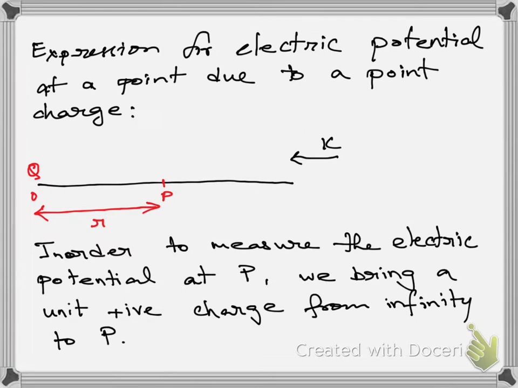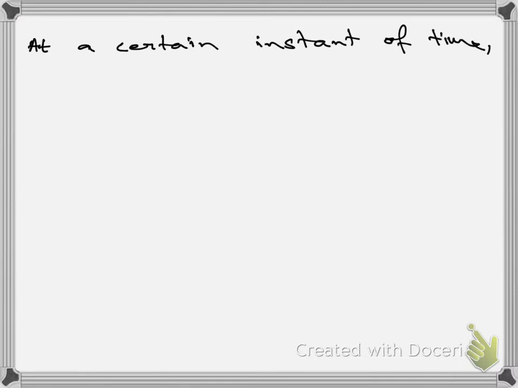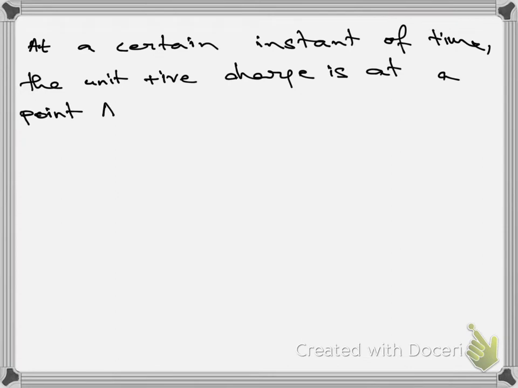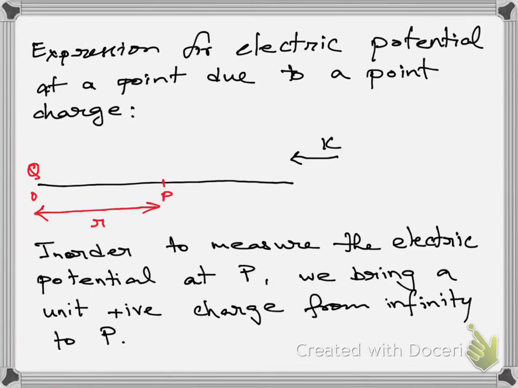Okay, now we'll assume that at a certain instant of time, the unit positive charge is at a point A, which is at a distance x from P. Now I'll be showing it on the diagram.